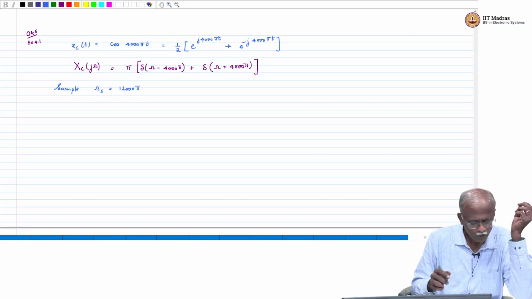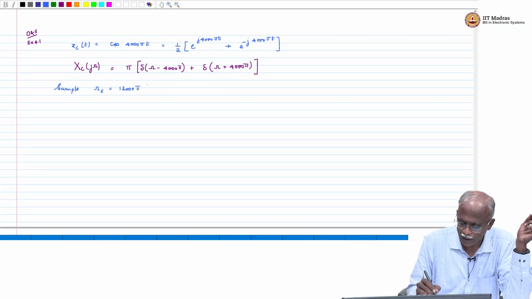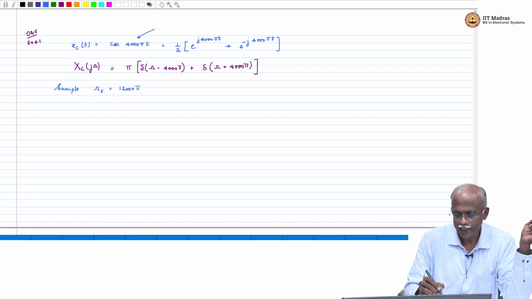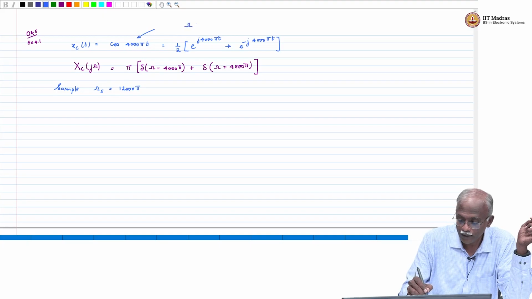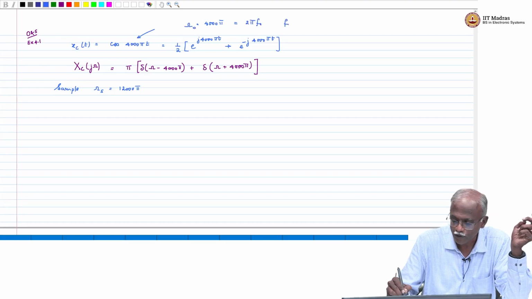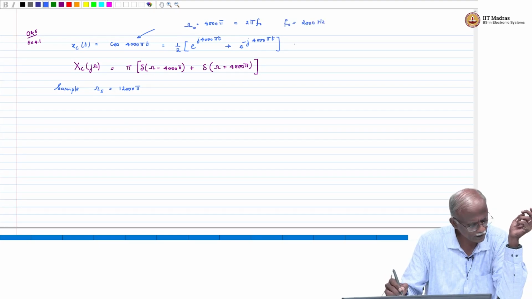Okay. So tell me, what is the highest frequency component here? The highest frequency component is 2 pi. So omega is equal to 4,000 pi, that is equal to 2 pi f naught, this is omega naught. So f naught is equal to 2000 hertz, 2 kilohertz is the response.